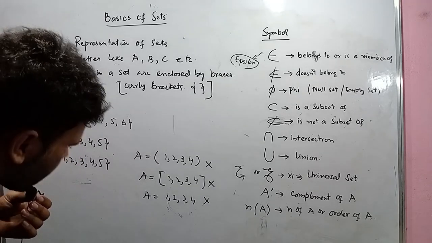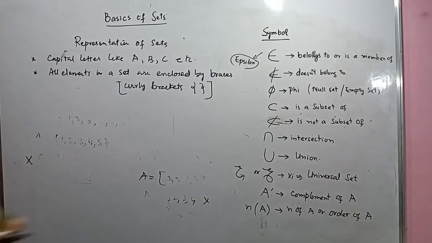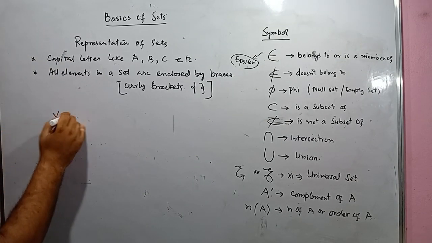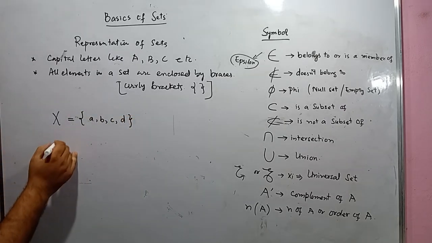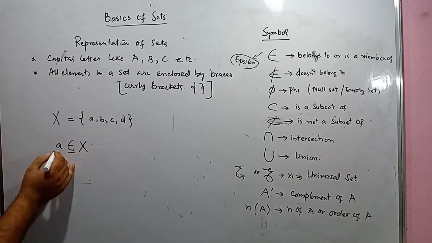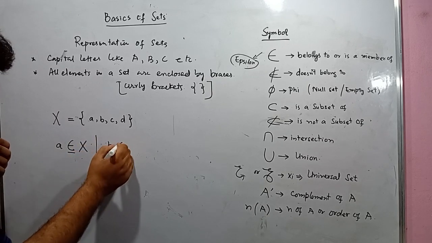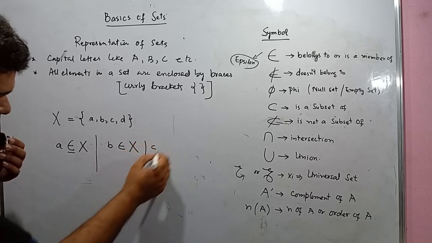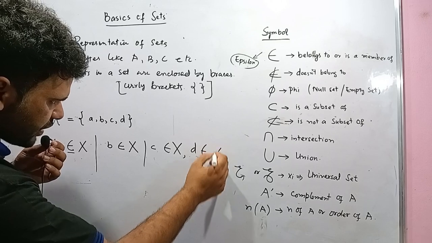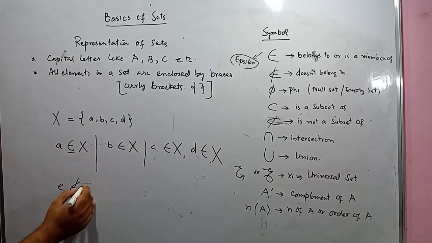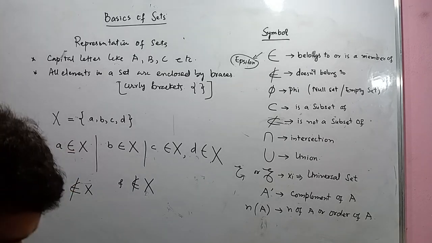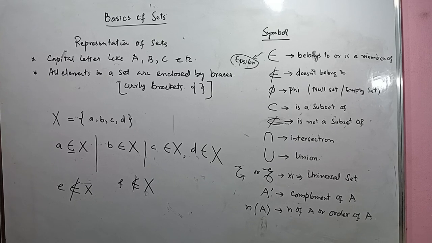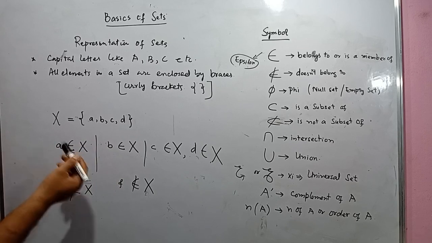This was about this. Now let's take the example of a set X. In set X I have elements A, B, C and D. I will write A belongs to X, that is, A is an element of set X; B is an element of set X, C is an element of set X, D is an element of set X. If I write E does not belong to X, F does not belong to X, this shows that A, B, C are elements in X, or I can say C is a member of X, or C belongs to X. You can use anything.